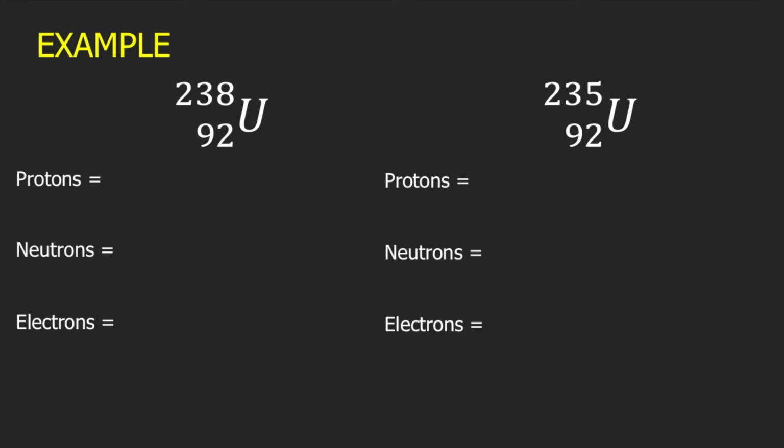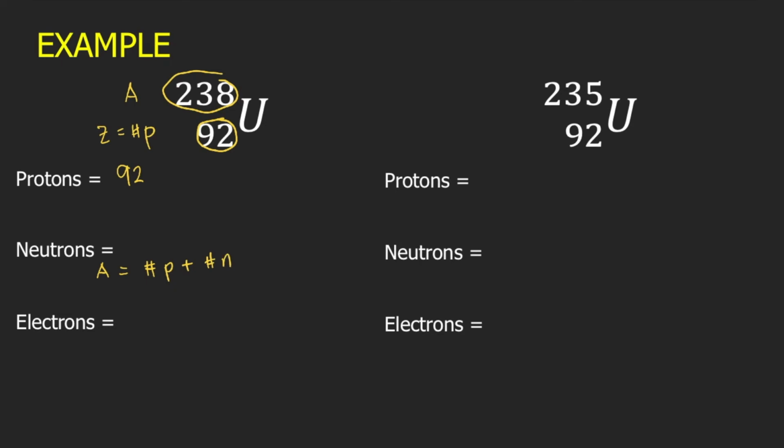So how do we figure out the number of protons? Again, the atomic number Z is equal to the number of protons. So the number of protons is 92. For the number of neutrons, this one is your mass number A. And we know that mass number is equal to the number of protons plus the number of neutrons.